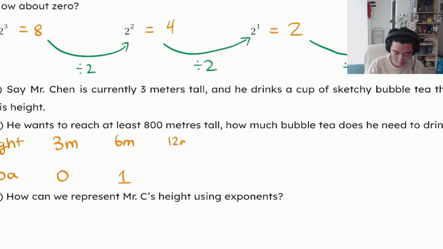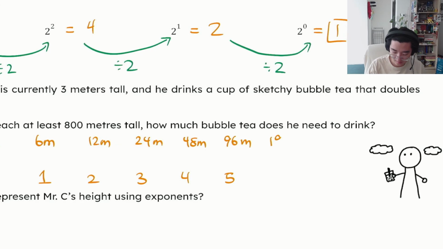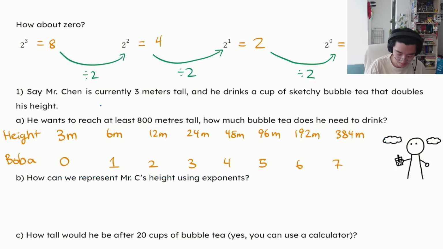Next is 12, 2 cups, 24, 3 cups, 48, 4 cups. That's 6. 384 is 7. Oops, we're running out of space here. That's all right. Let me scooch things around here. One second. Uh-oh.